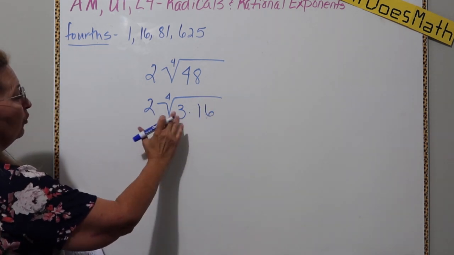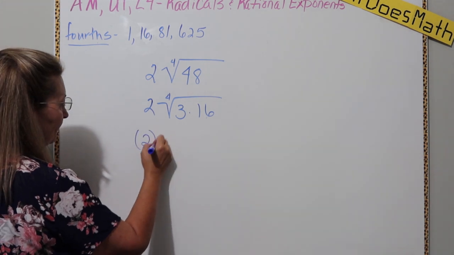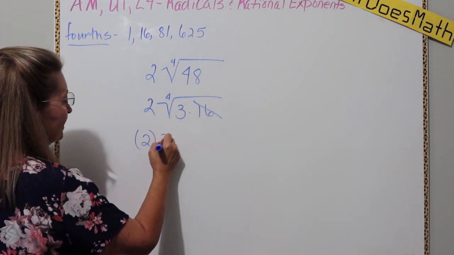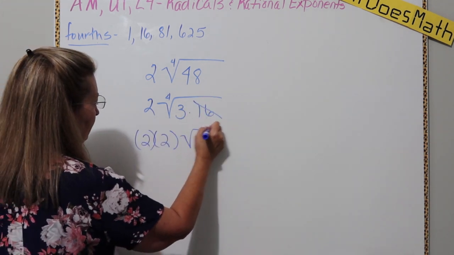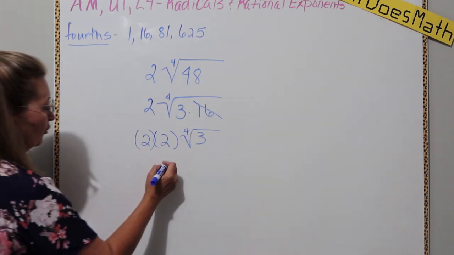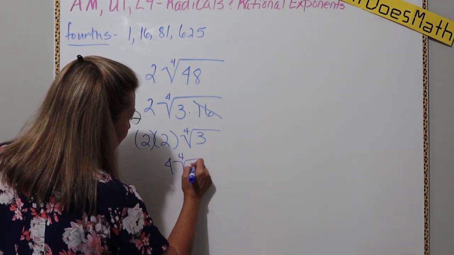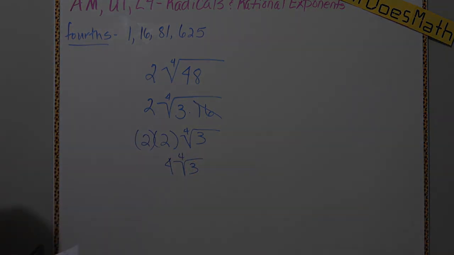Now, what's the 4th root of 16? I've got this 2. The 4th root of 16 is 2 also. The 3 is just going to have to stay under there. I can multiply these two together, so I get 4 times the 4th root of 3.